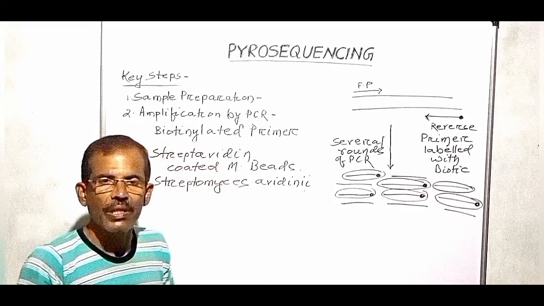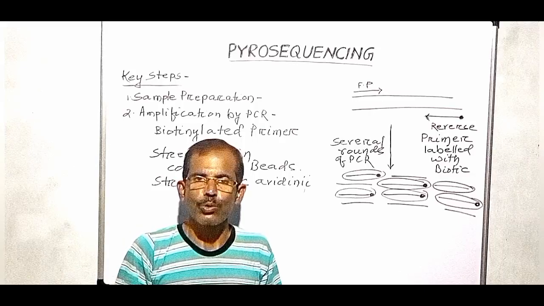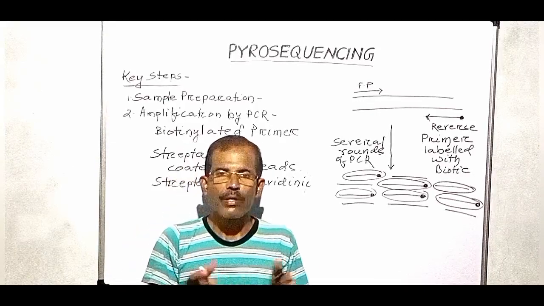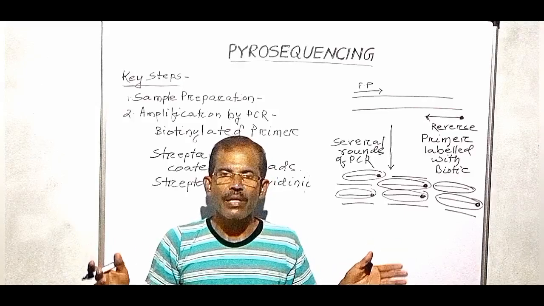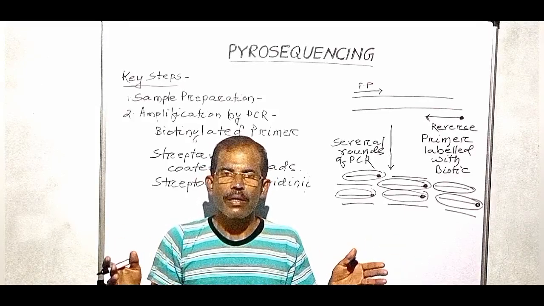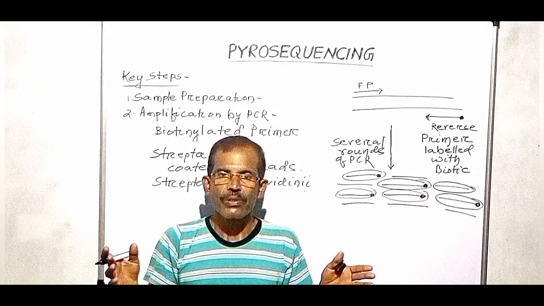Streptavidin forms a strong and stable complex with biotin. Because of this binding, streptavidin coated magnetic beads are used to immobilize biotin labeled DNA strands on the bead surface.